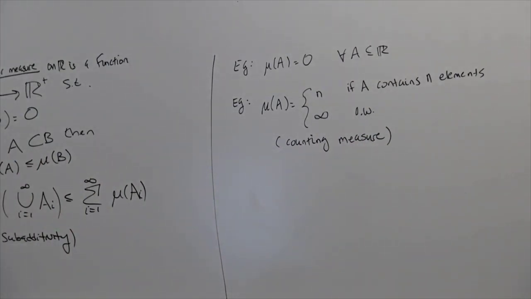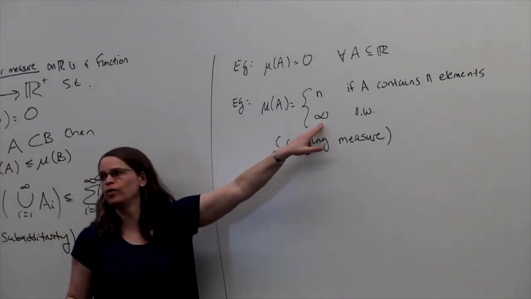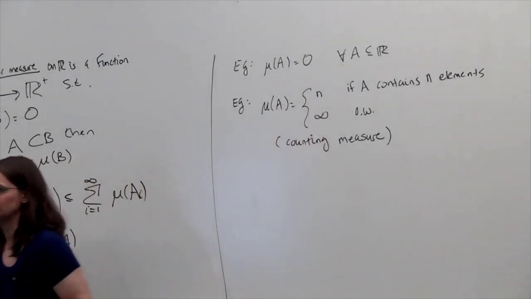That's maybe a slightly more useful measure, but maybe not so interesting when we're working with the reals, because a lot of the sets we care about on the reals, for example a straightforward interval, because we do lots of things with intervals, have infinitely many elements in them. So there's kind of no real way of distinguishing most interesting sets using this measure.